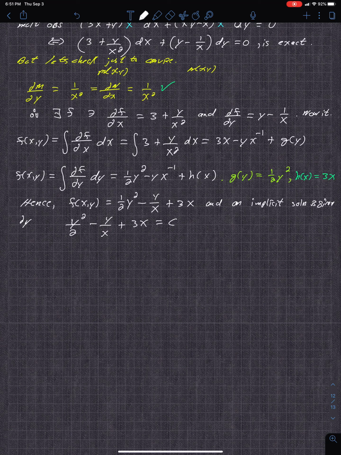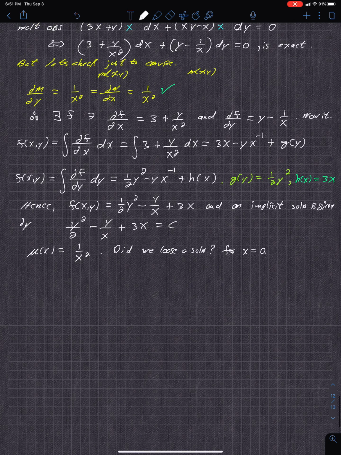All right, so one thing we have to look at is, did we lose the solution? So let's see, how do I want to say this? All right, so mu of x is equal to 1 over x squared. So you want to check, did we lose a solution for x equal to 0?